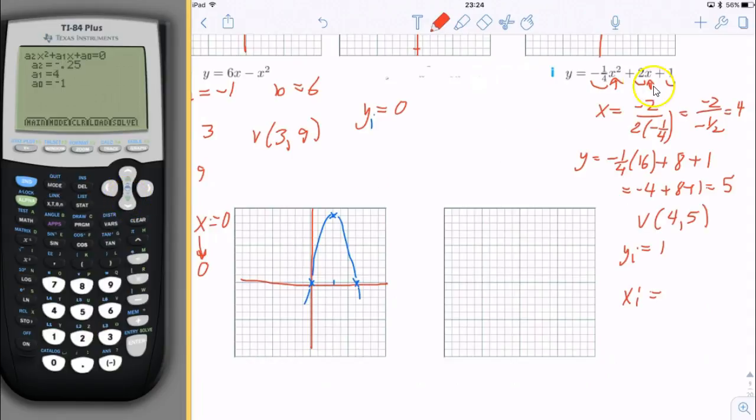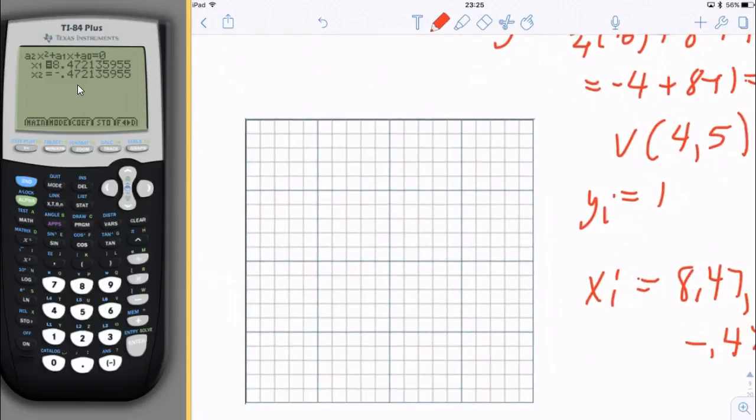Then for the second coefficient, I'm going to put 2. And the third coefficient, I'm going to put 1. And then we're going to solve. And we're going to get two terrible looking numbers, 8.47 and negative 0.472.